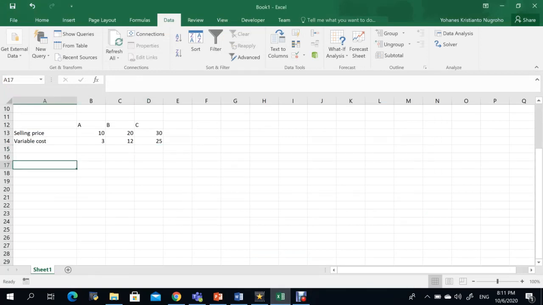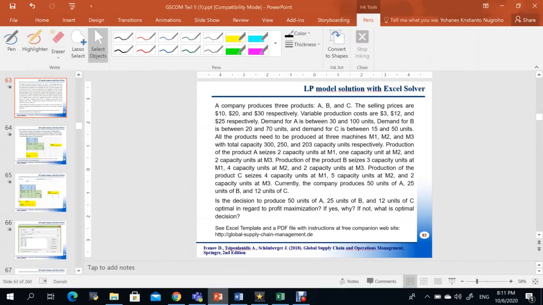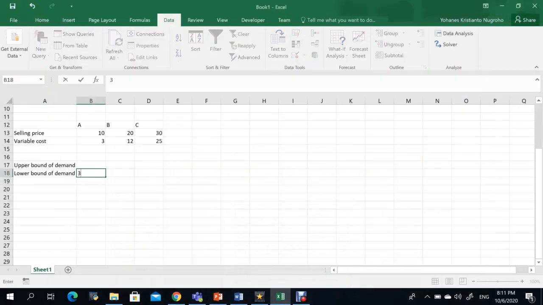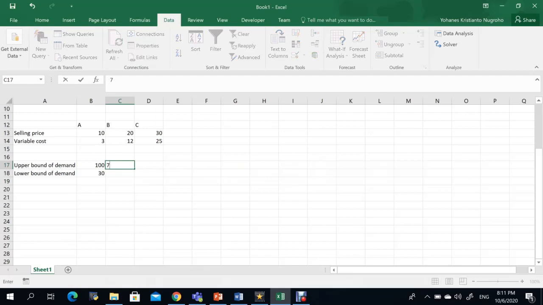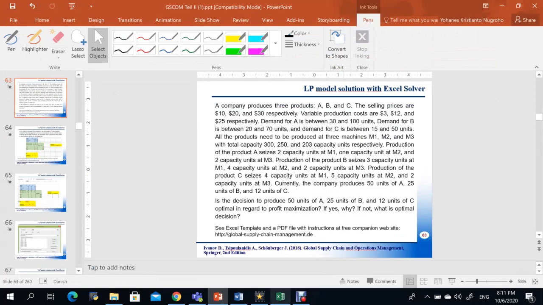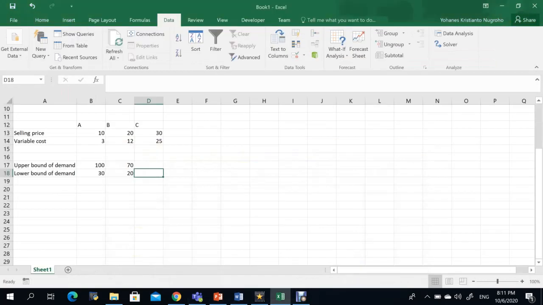Here we have the upper bound of demand, and here we have the lower bound of demand. 30 for the lower and 100 for the upper for A. And we have 20 and 70 for B. And for C it is 15 and 50. Alright.